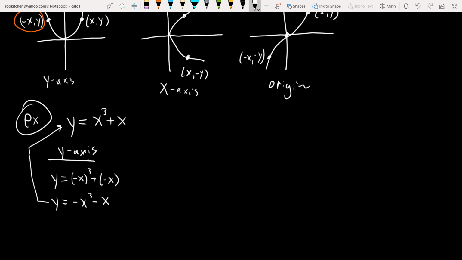This first guy here is going to have different ordered pairs than the second guy here, right? It'll have some pairs that are the same, but it has to have all the same ordered pairs for it to work. For example, 0, 0 works on both, right? If you plug in x equals 0, you'll get out y equals 0 in both. But a point like 1 is not going to work.